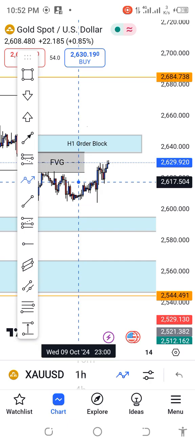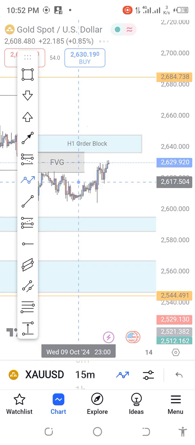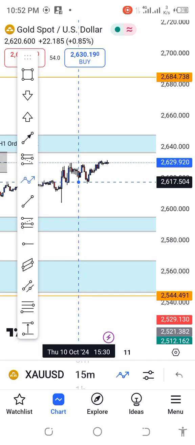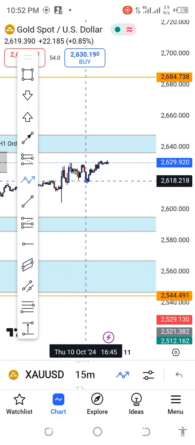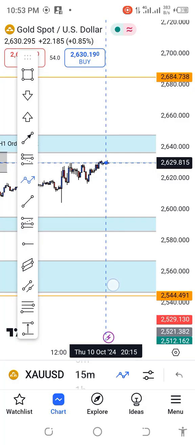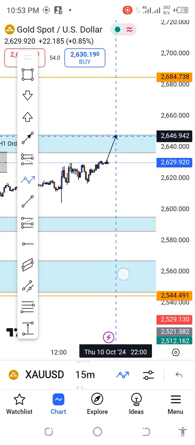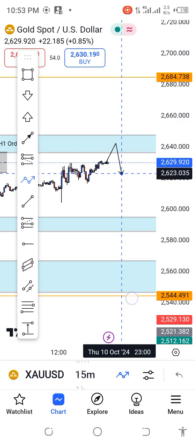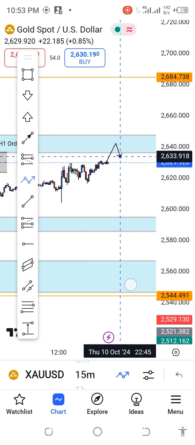I go to my 15 minutes time frame. That's where top down analysis comes in place. I go down to my 15 minutes time frame and I wait for a market structure shift. From here, it taps my order block. It comes down here. Let me assume that it does something like this here.